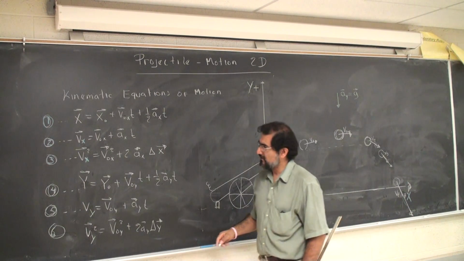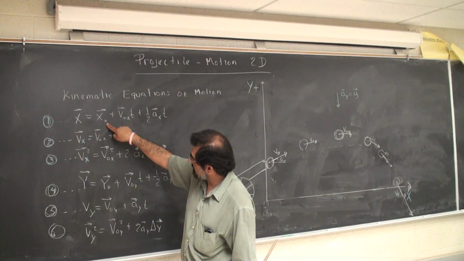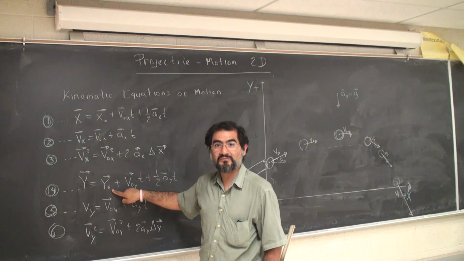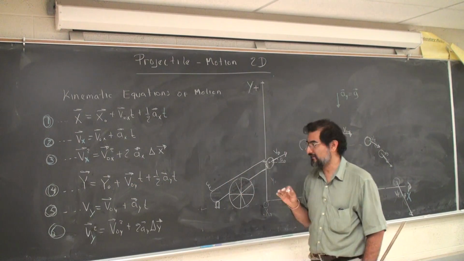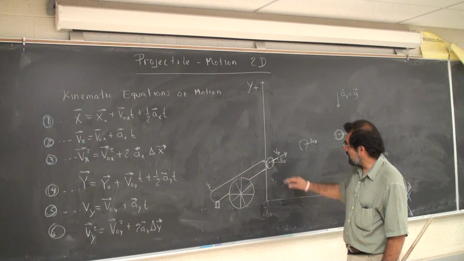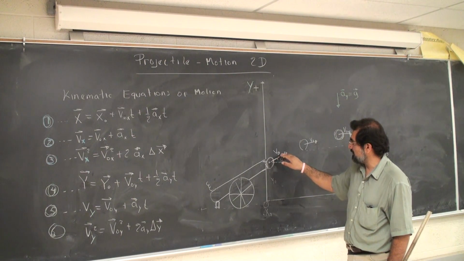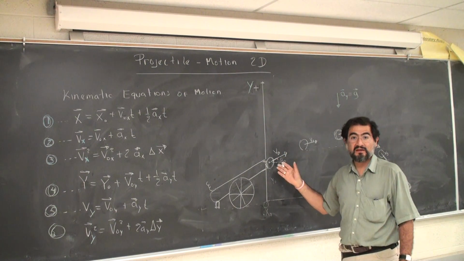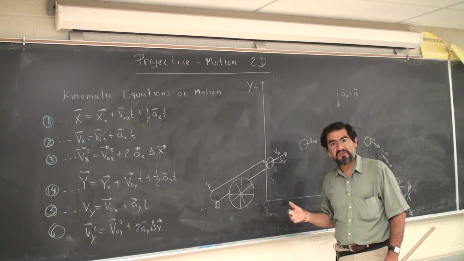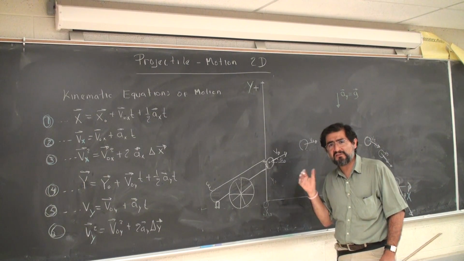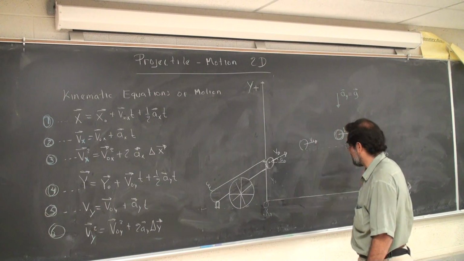So that means that I have an X initial and a Y initial from only that little analysis. What I don't know at this point is the initial velocity, and that is exactly what we need to discover. What is that initial velocity going to be?